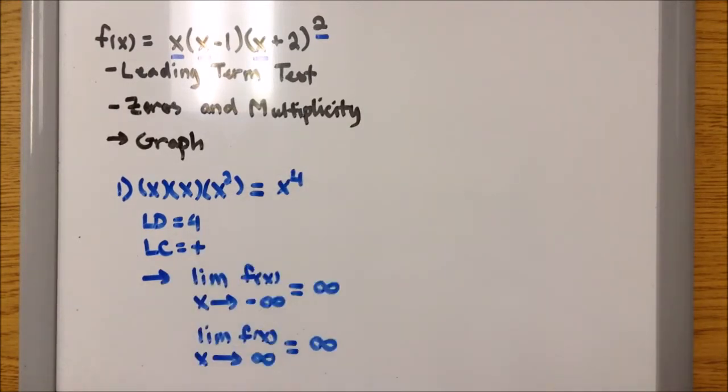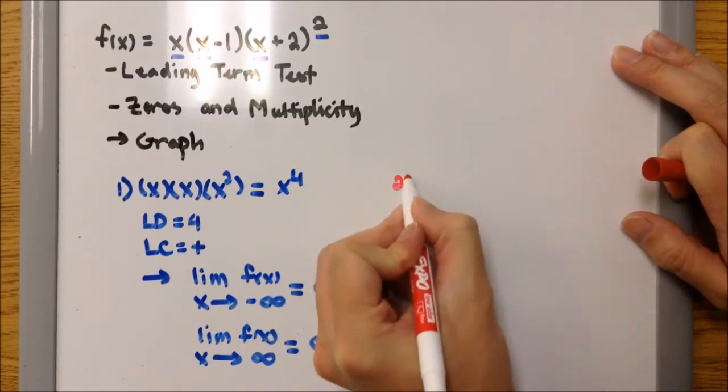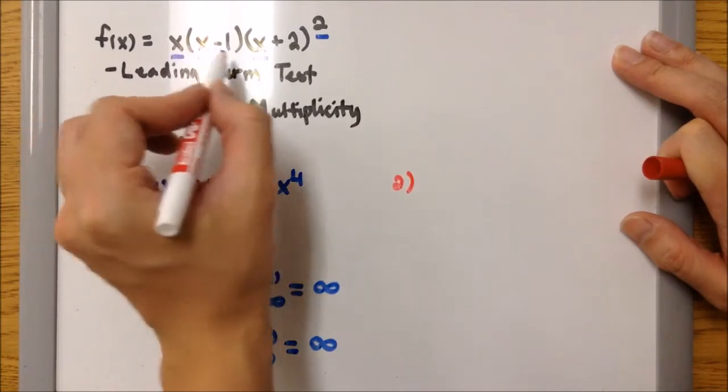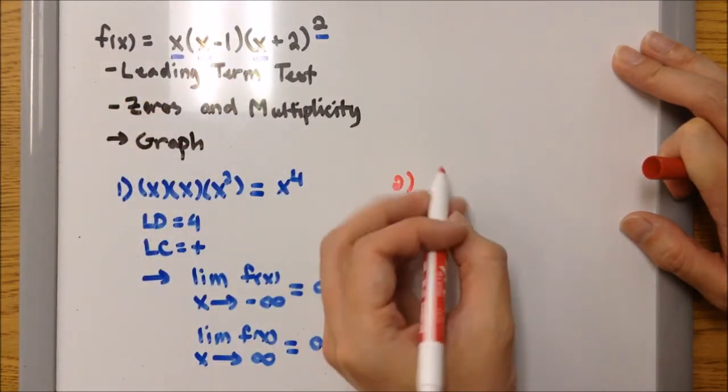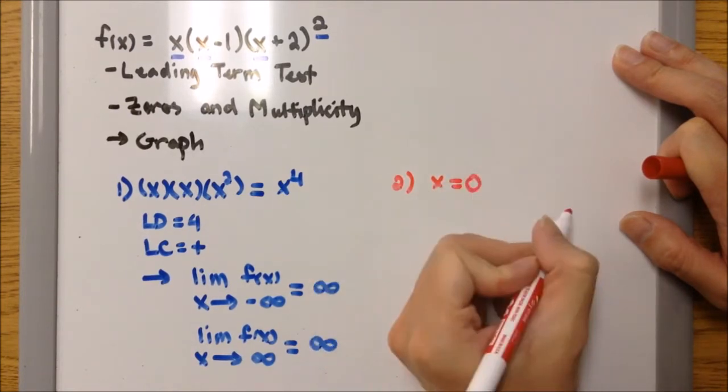Now we're going to do zeros and multiplicity. So we're going to set each factor x, x minus 1, x plus 2 equal to 0. So x equals 0. There's nothing I could do.